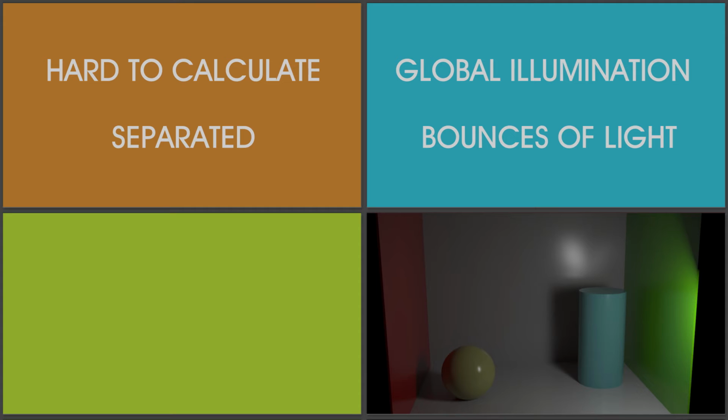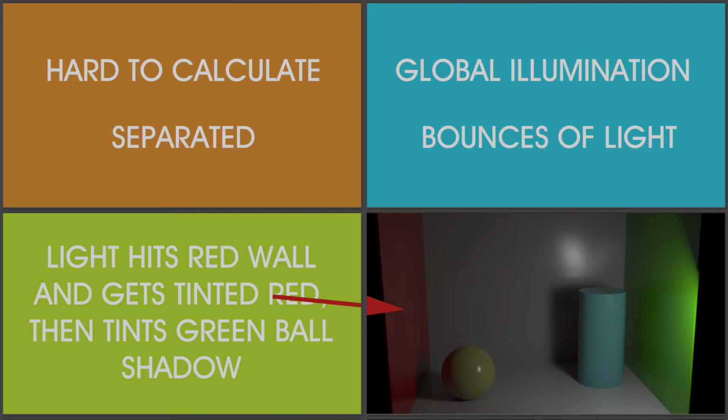What is happening is the light bounces in maybe a red material, it gets this red color, and it tints all the shadows red, which is very hard to calculate because we need to launch many secondary rays that cost a lot of time and resources for the computer. So what we do is just give you the option to use global illumination or not.